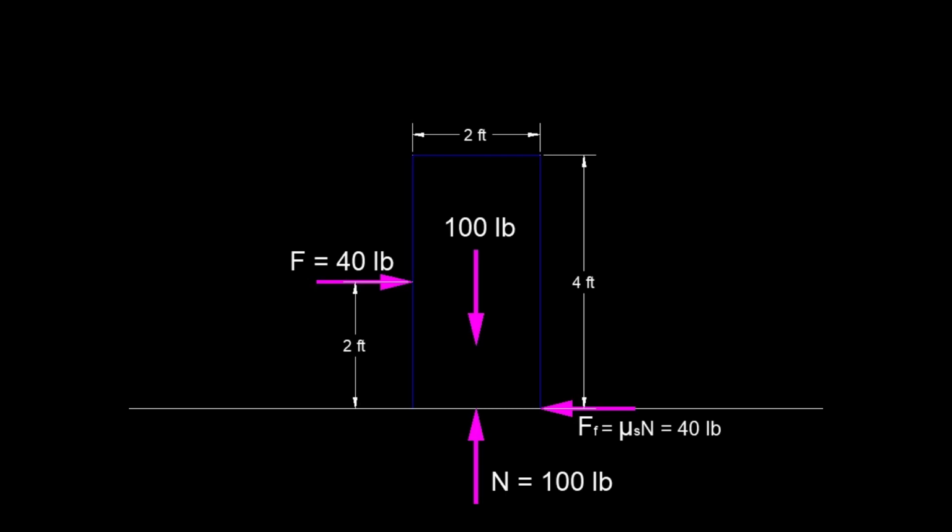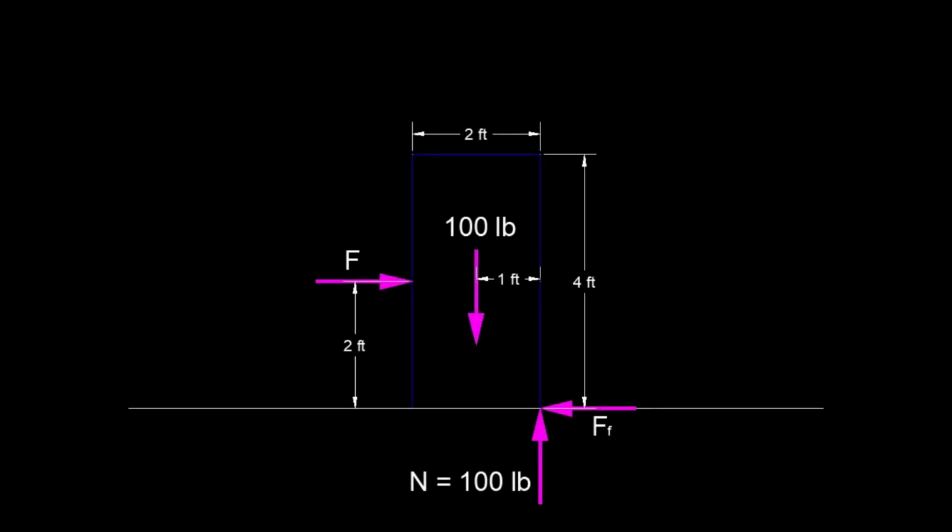Next, we want to check to see if this box will actually tip. Okay, because if it tips before it slides, then you're going to have a tipping failure, I guess you'd call it. So now let's look at it. The free body diagram is very similar, with the 100 pounds going straight down.